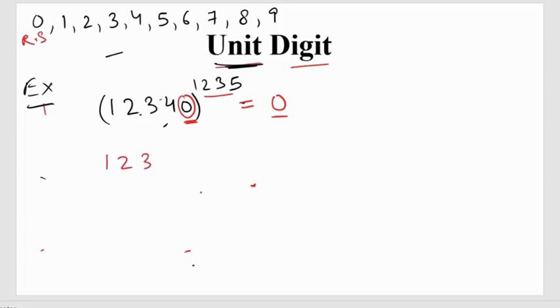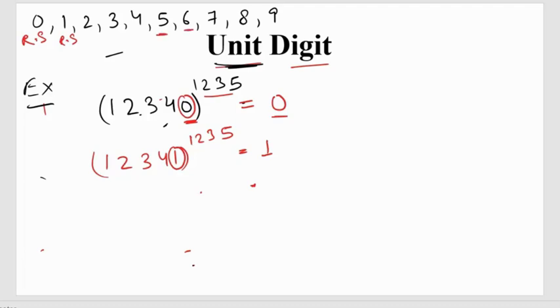Similarly, 1 raised to power 1, 2, 3, 5 is always again 1, because 1 raised to power anything remains 1. So can you tell me how many more numbers are there same as 0 and 1?